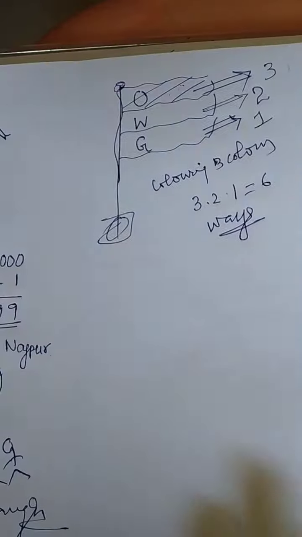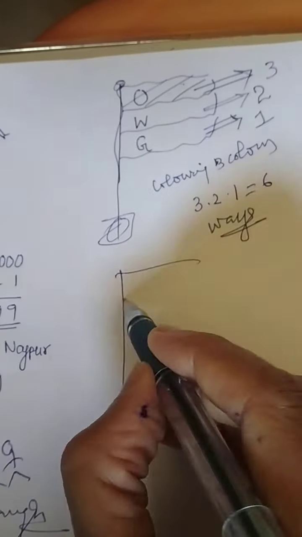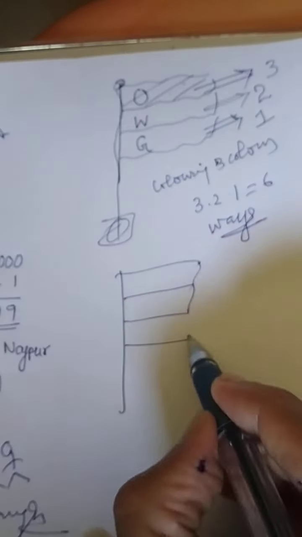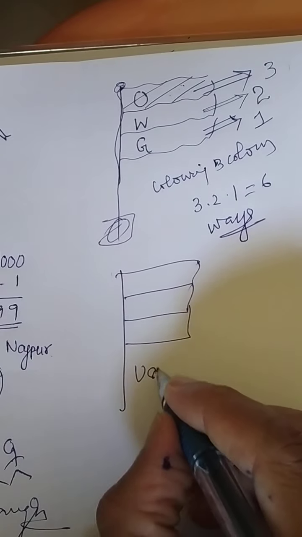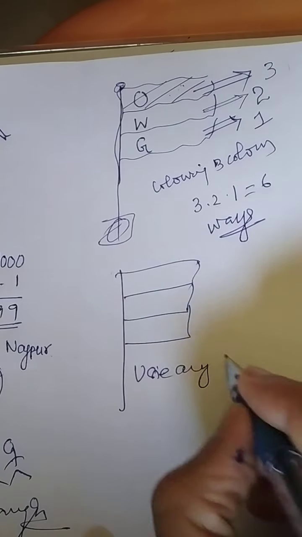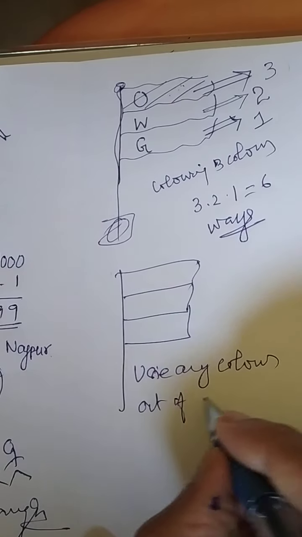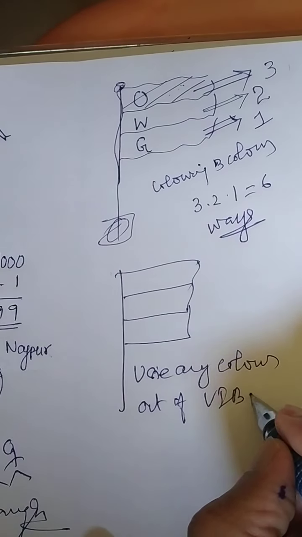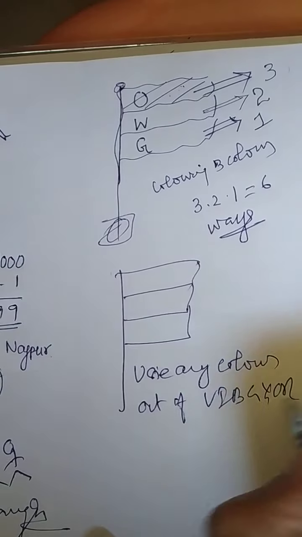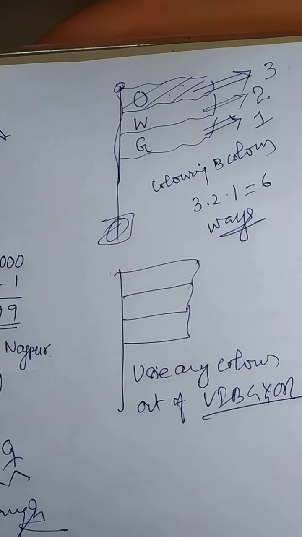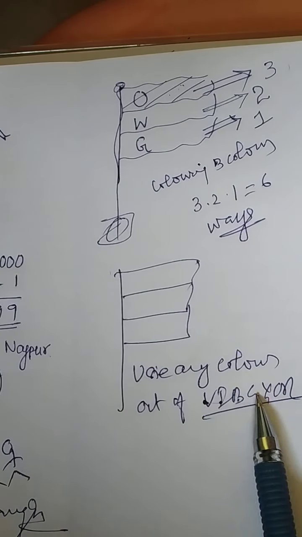But I am asking about the same question, where this is a flag which is to be colored. Now use any color out of the VIBGYOR. VIBGYOR means how many colors? 7 colors are there: 1, 2, 3, 4, 5, 6, 7.